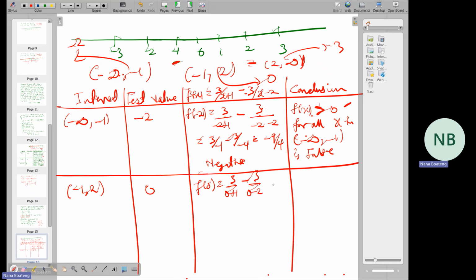And this gives us 3 plus 3 divided by 2, which is 9 divided by 2. So this is positive. So that means f of x greater than 0 for all x in the interval -1 to 2 is true.